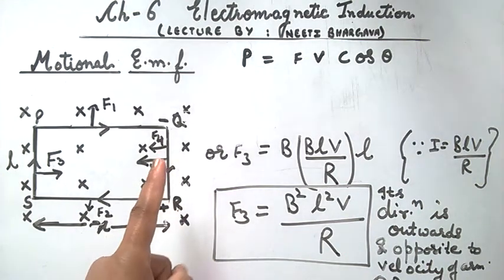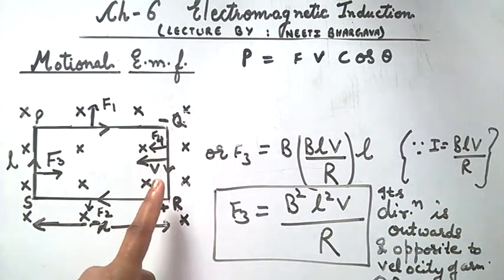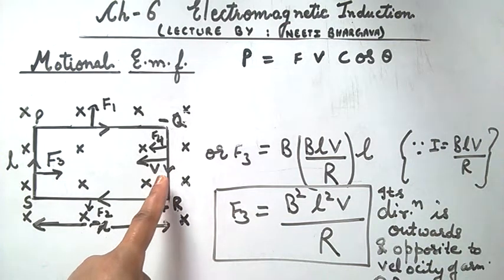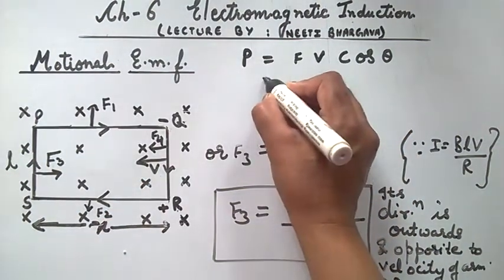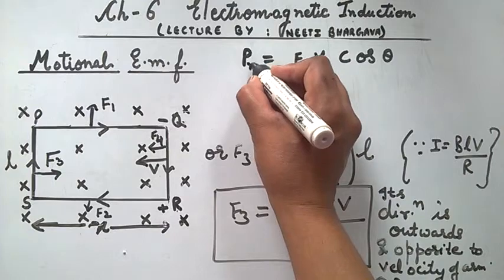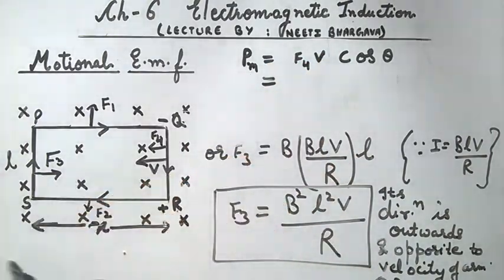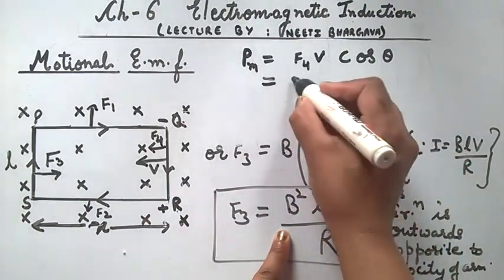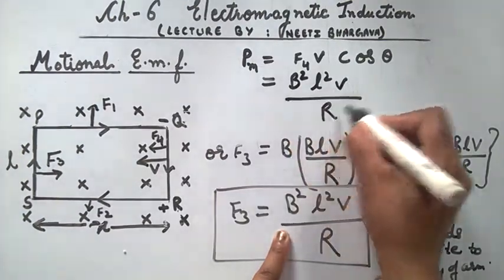Thus, the net force on this arm is 0, and therefore the acceleration is 0, and as the acceleration is 0, the arm will move with constant velocity. This force is the F4 force, and this is the mechanical power which we are applying to move it towards the left side, and this force is equal in magnitude to this, which is equal to B square L square V by R into V.